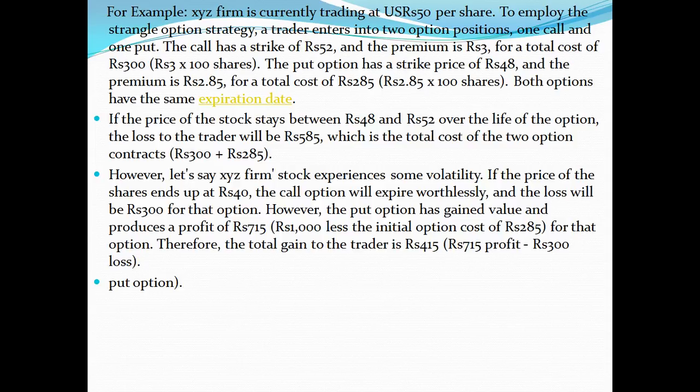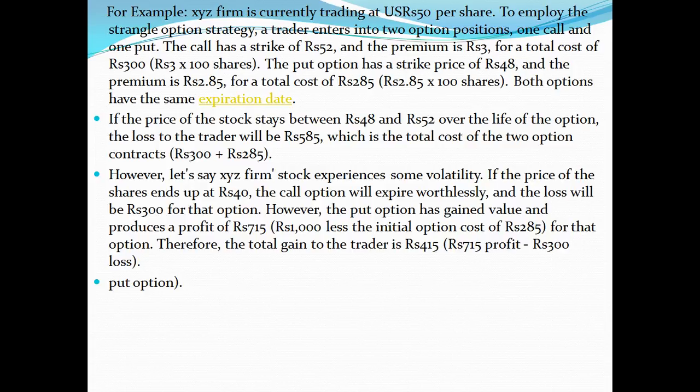If the price of the stock stays between 48 and 52 over the life of the options, the trader's loss will be 585 rupees, which is the total cost of the two option contracts, 300 plus 285 rupees. However, let's say the XYZ firm stock experiences some volatility.